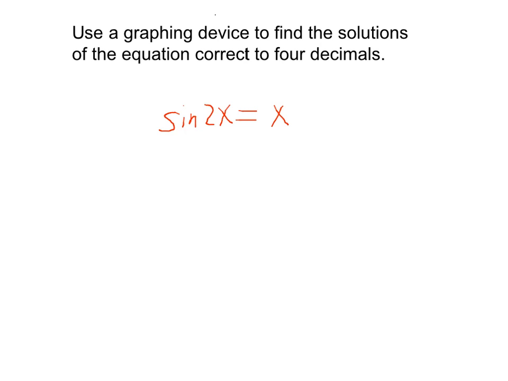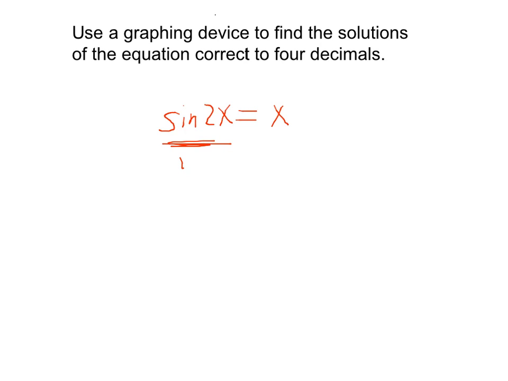Okay, we're also going to take a look at how to use our graphing calculator here. First thing, make sure you're in radian mode when you're dealing with these. From there, what I tend to do when I see this is treat each side of this equation as its own function.